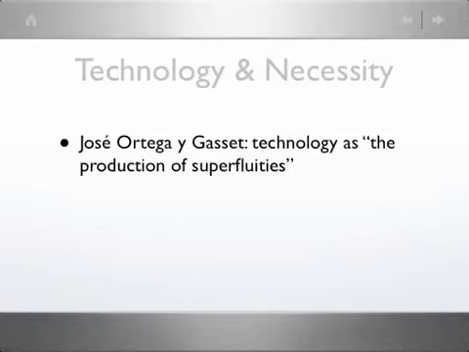If you think about the roles of technology in your daily life, a lot of it involves things that, strictly speaking, we really don't need and would be able to, if we had to, do fine without them. And so this is the way in which Ortega y Gasset and Nye, quoting Ortega y Gasset, mean it when they're talking about superfluities.